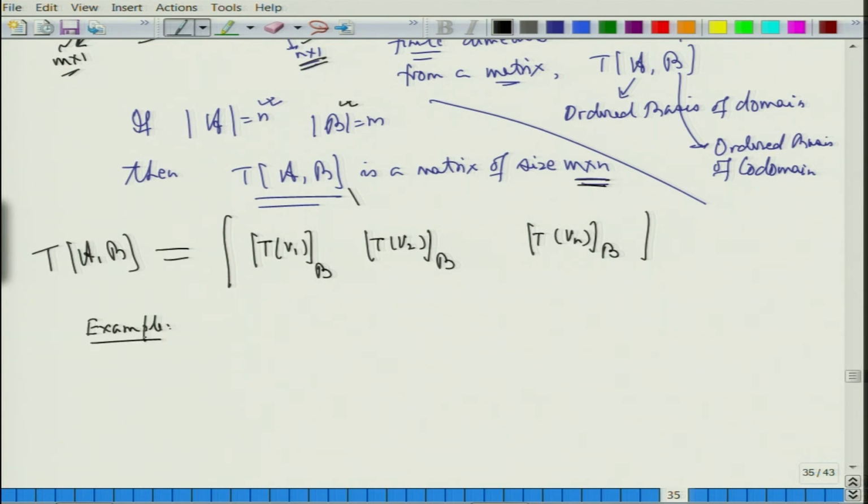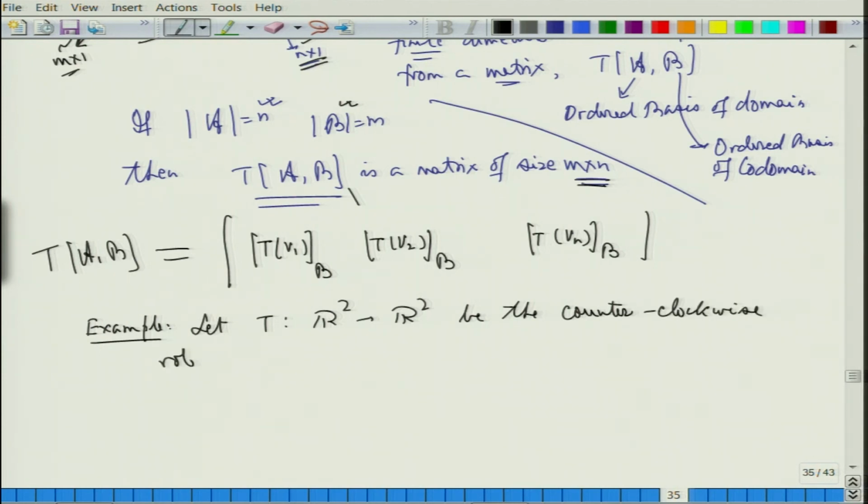All right. So I will not go like this. I will do it in a different way. So let T from R2 to R2 be the counterclockwise rotation by an angle theta.